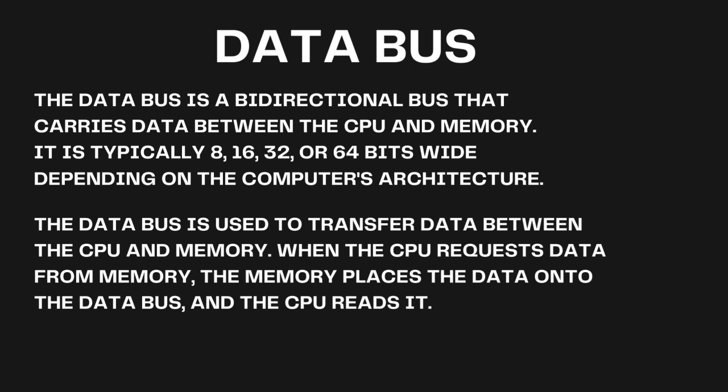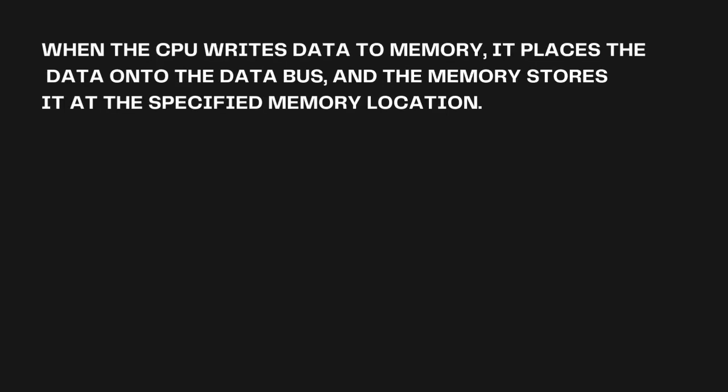That input data will get stored in registers which are present in the microprocessor. Then that data is processed, and the output data will be displayed on the output device via the data bus.